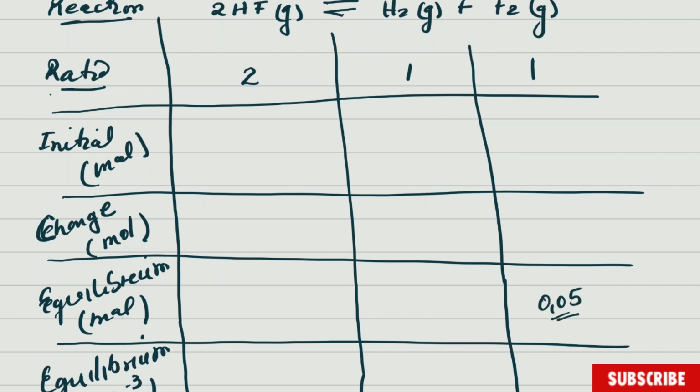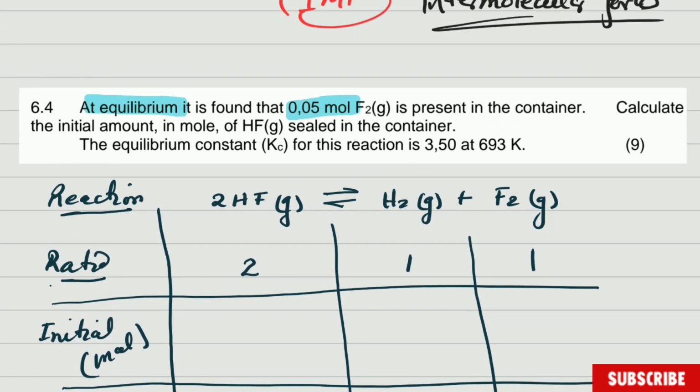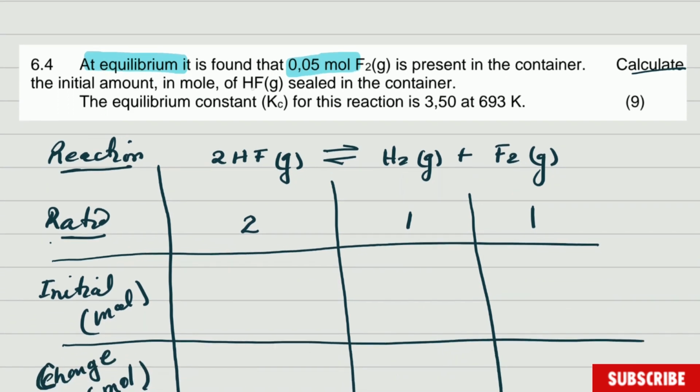I'm not going to write mole because it is written here at the beginning. Okay, now they say the initial amount in the container. Calculate the initial amount in moles. So they want to know what is the initial amount in moles of HF.